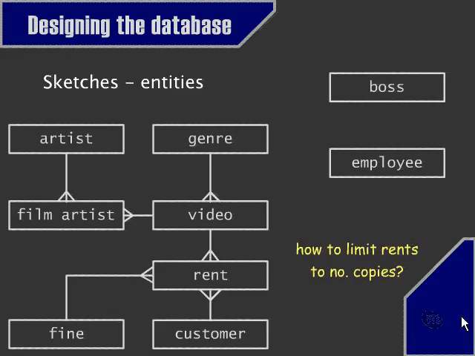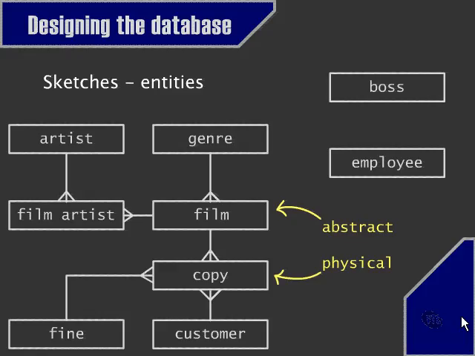A better way would be to remove the video entity altogether and the rents entity, and to replace those with the film entity and a copy entity.